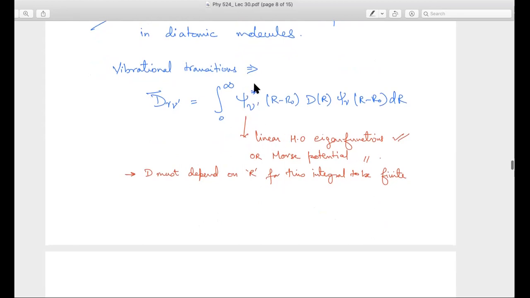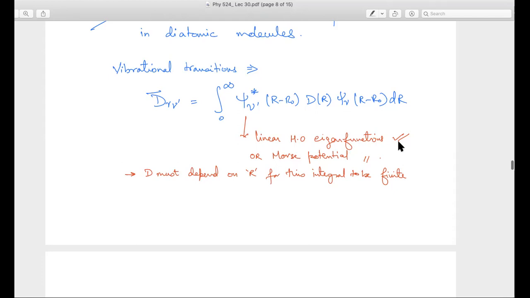The simplest approximation, as I already said, is to work with the linear harmonic oscillator eigenstates. You can also work with the eigenstates of the Morse potential, but they're slightly more complicated, while we already know the algebra of the Hermite polynomials very well. So we will be using the linear harmonic oscillator eigenfunctions, and that will already give you nice results.